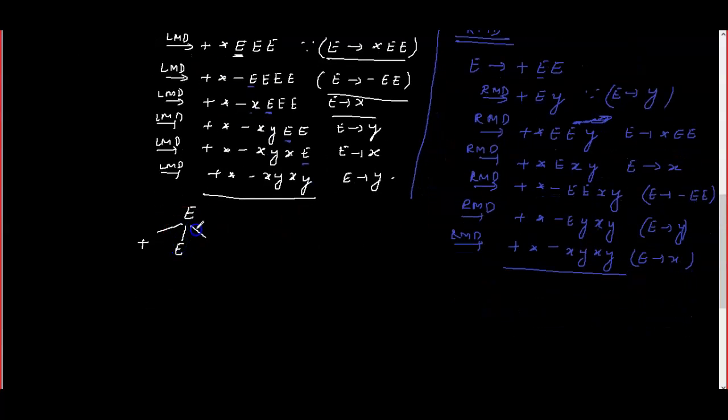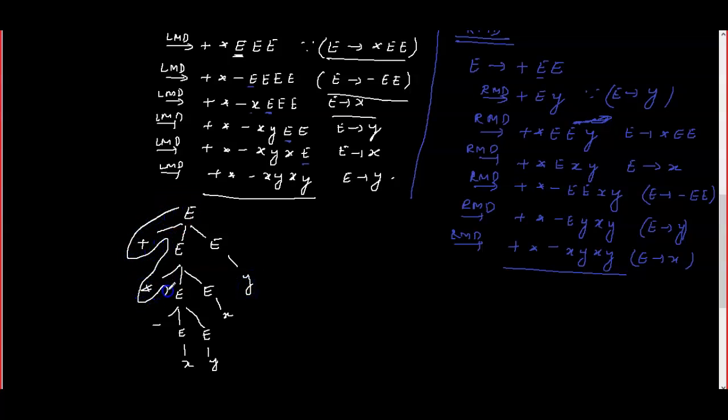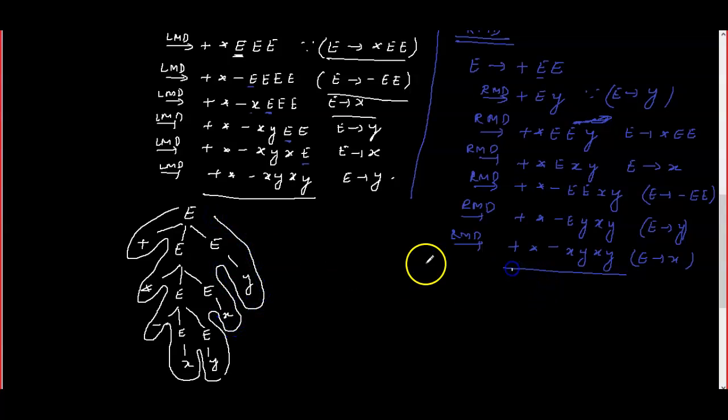Then E is E star E, then minus E and E. And this E is X, this is Y, this is X, this is Y. If you read it this way, you will get plus, star, minus and then X, Y, X and Y. So we got the same thing here.